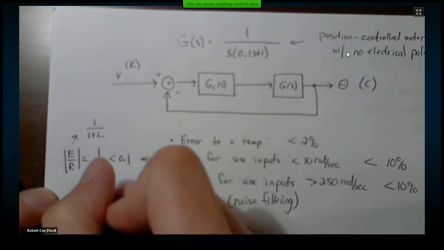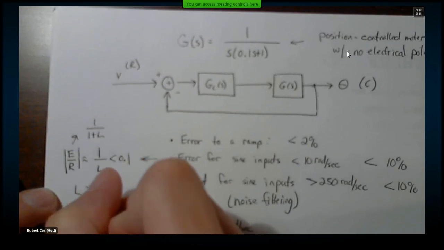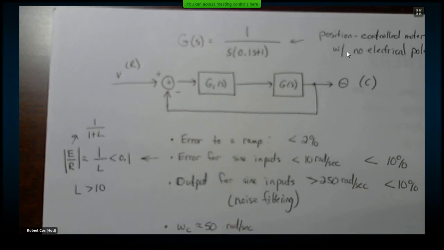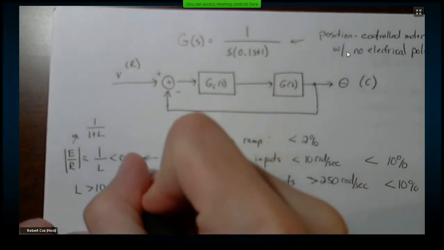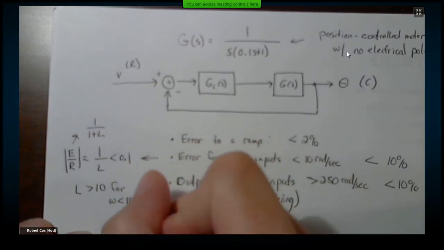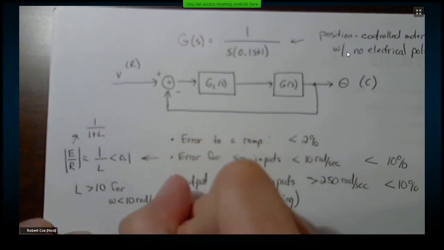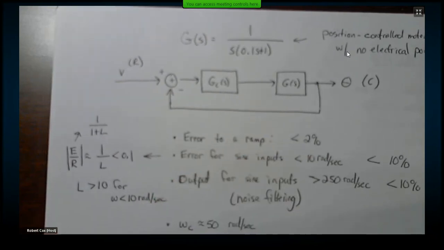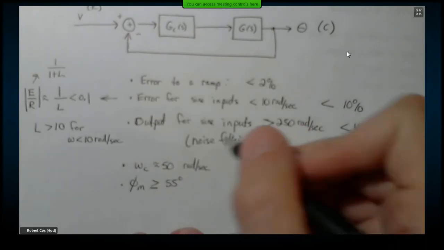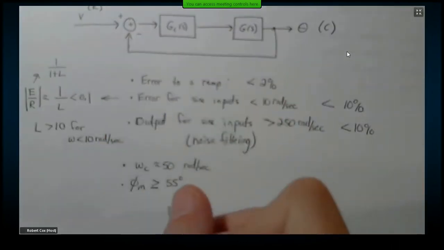All right, so that means that L has to be greater than 10. So that second spec told me that L had to be greater than 10 for omega less than 10 radians per second.